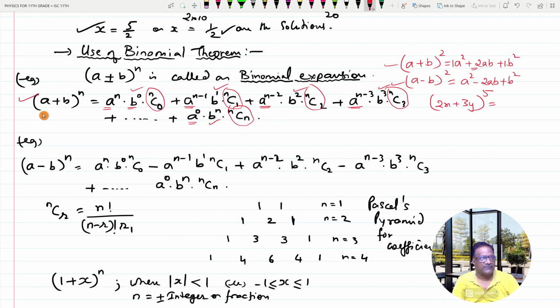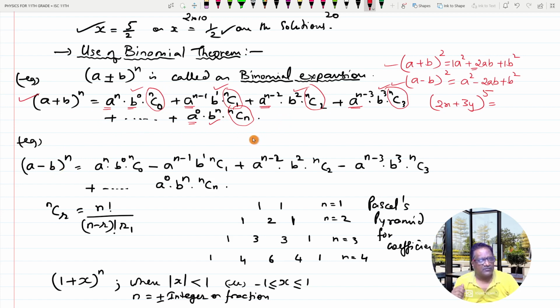So the powers of the first term will go on reducing in each term, and the powers of the second term will go on increasing in each term. And this nC0, nC1, nC2, etc. will be the coefficients. This way, in general, you get the expansion of any binomial expression. Suppose it is a minus b whole raised to n, the same thing follows.